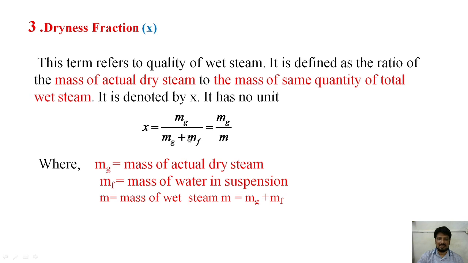Here mg is the mass of actual dry steam, mf is the mass of water in suspension, and m is the mass of wet steam.